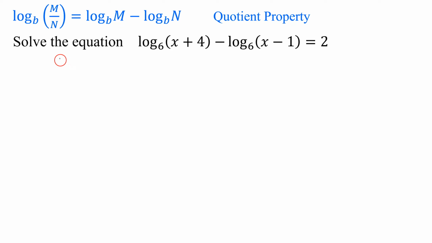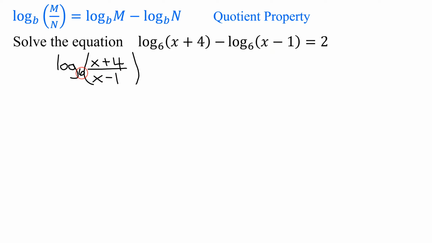So in our case, I'm going to have log to the base 6 of a quotient. The first term had a plus in front of the log, so the x plus 4 has to go in the numerator. My second log was a negative, so its argument x minus 1 has to go into the denominator.